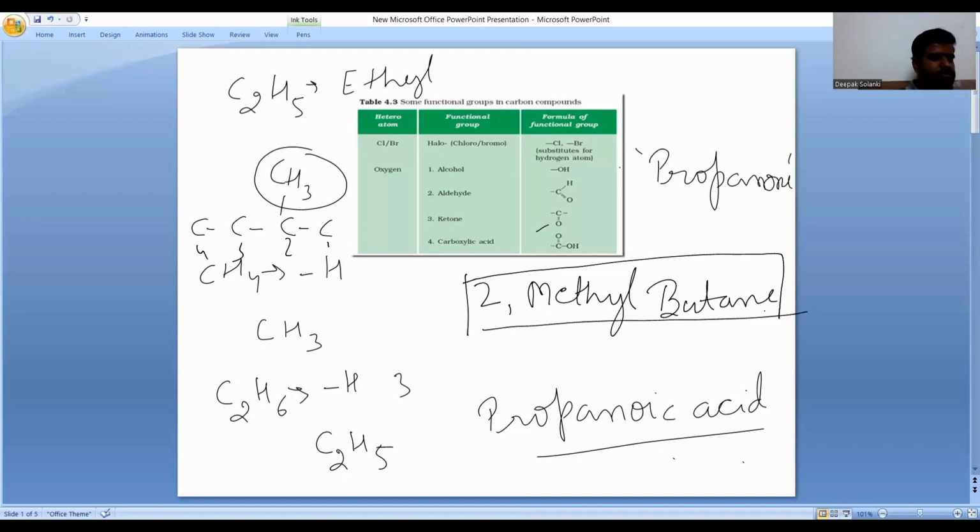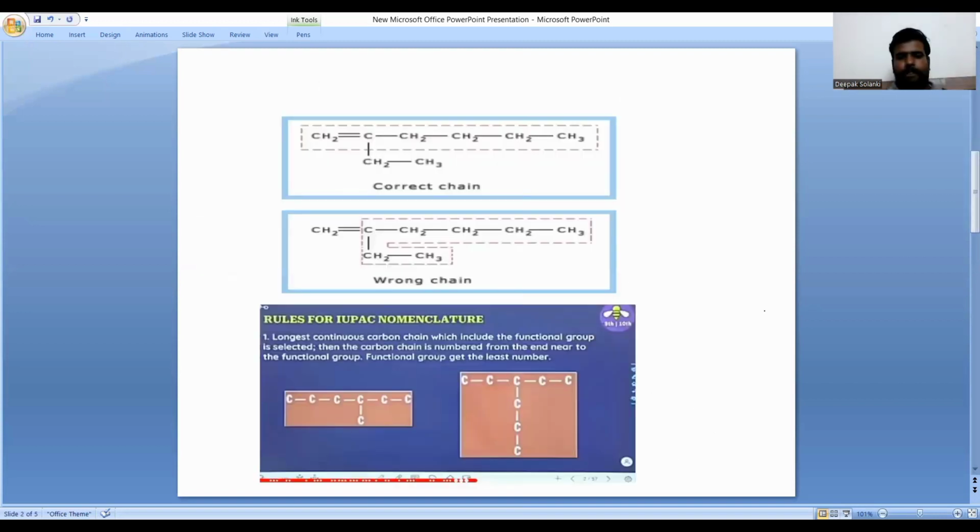Let me discuss some rules of IUPAC nomenclature. The first rule is we have to choose the longest chain of carbon. You can see in this example, we can take this chain, which is the longest chain in which most carbons are there: 1, 2, 3, 4, 5, 6.